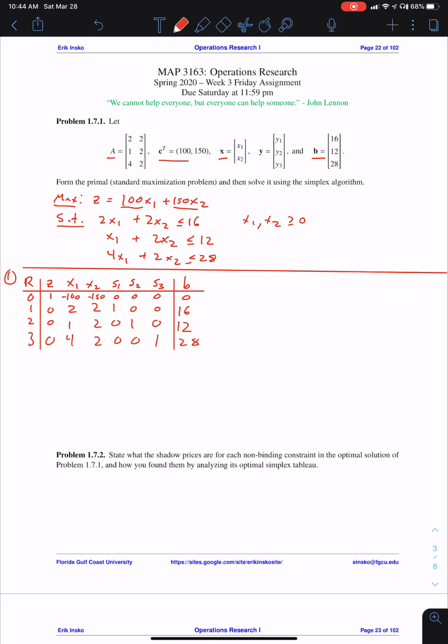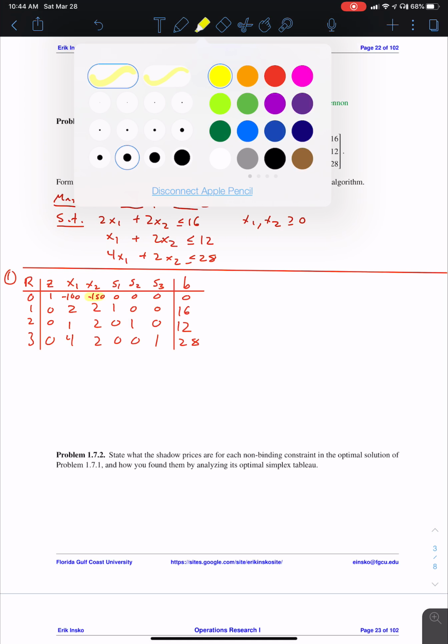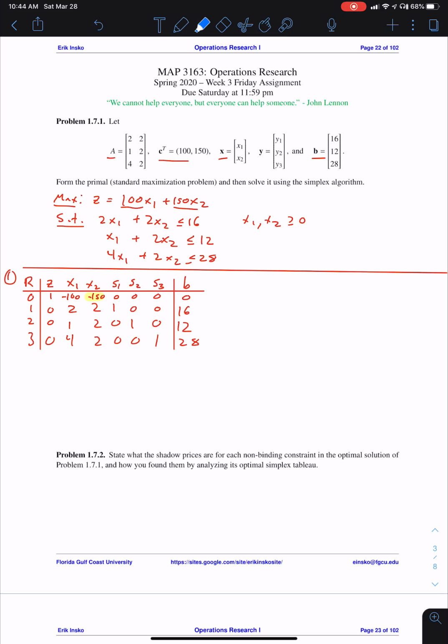This is the initial tableau. So we're going to look at the most negative number, which is this one, and we are going to do the ratio test of this column against this column. So 16 over 2 is 8. 12 over 2 is 6. 28 over 4 is 7.